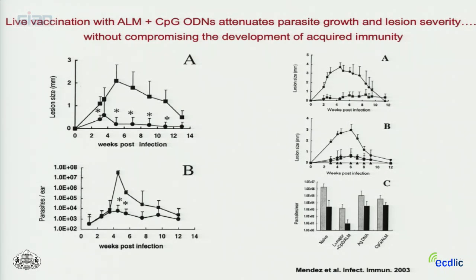This is the re-challenge of these mice compared to the control. But importantly, when we've attenuated the vaccine lesion by just adding the killed vaccine to it, we didn't reduce the level of protection.